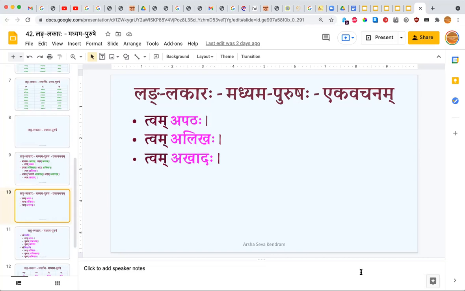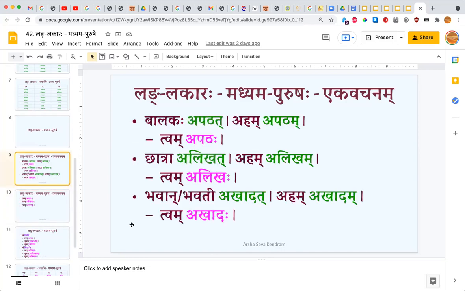The last sentence on the previous slide, Bhavan, Bhavati, akhadat. That also is you. Bhavan is you only, right? Bhavan is you only, for a Pumlinga shabda. Bhavati is for Trilinga. Yes.